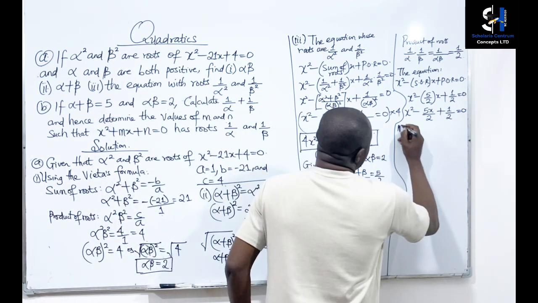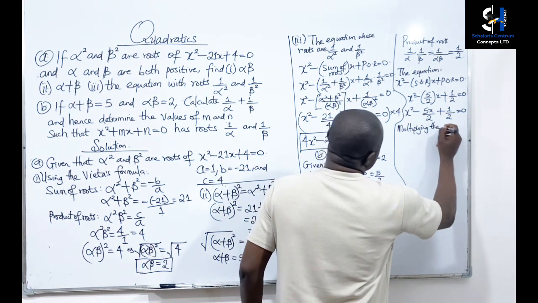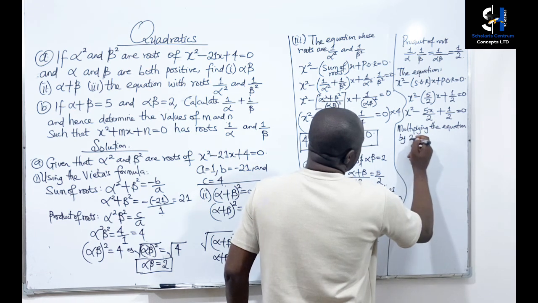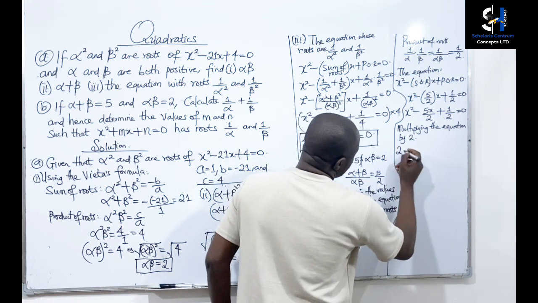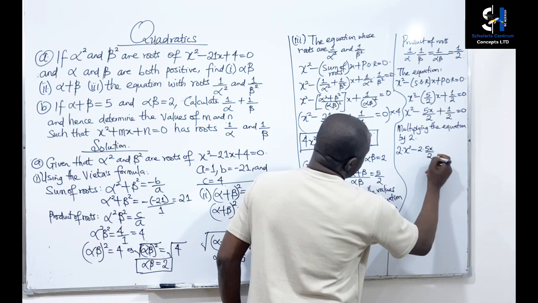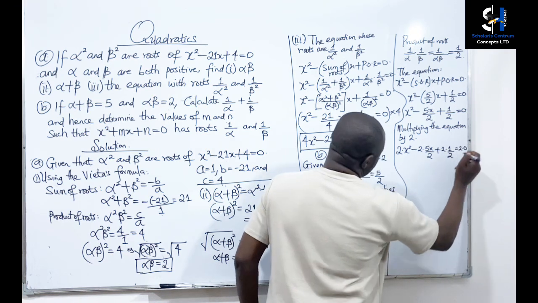Multiplying the equation by 2, that will be 2 times x squared, then 2 multiplied by 5x over 2, then 2 multiplied by 1/2, 2 multiplied by 0.